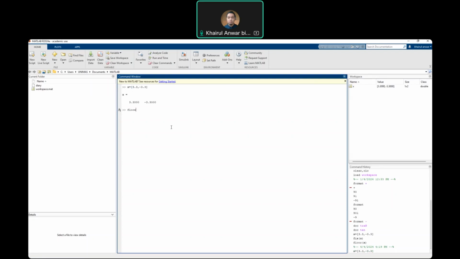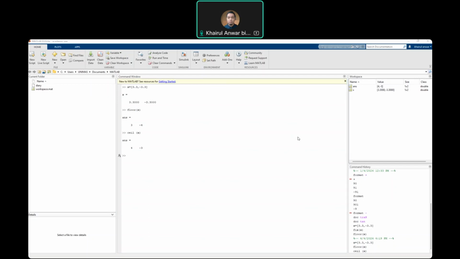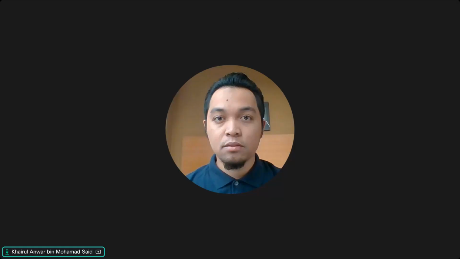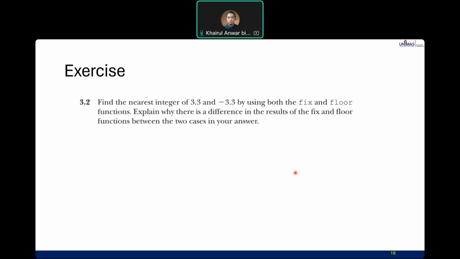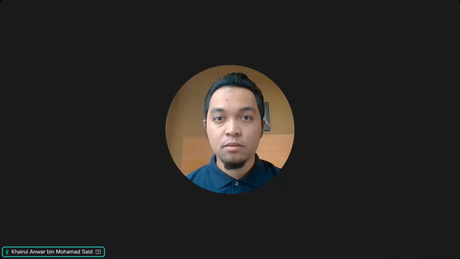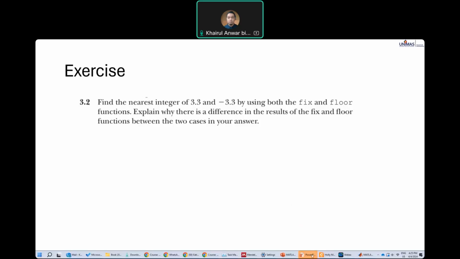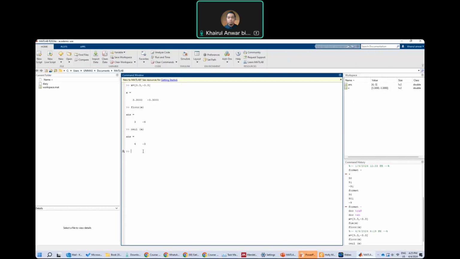Then you do floor x, fix x. There is a difference here.